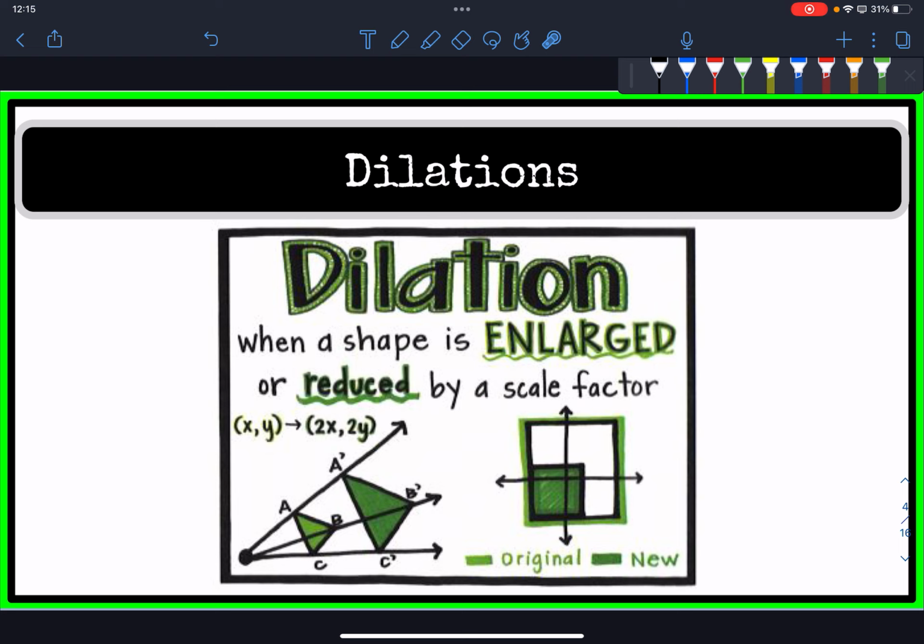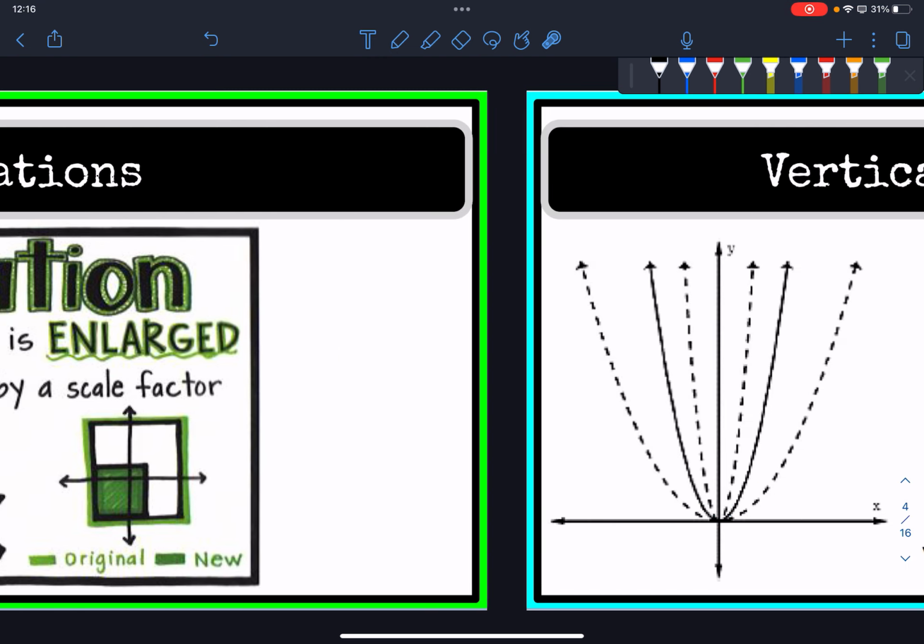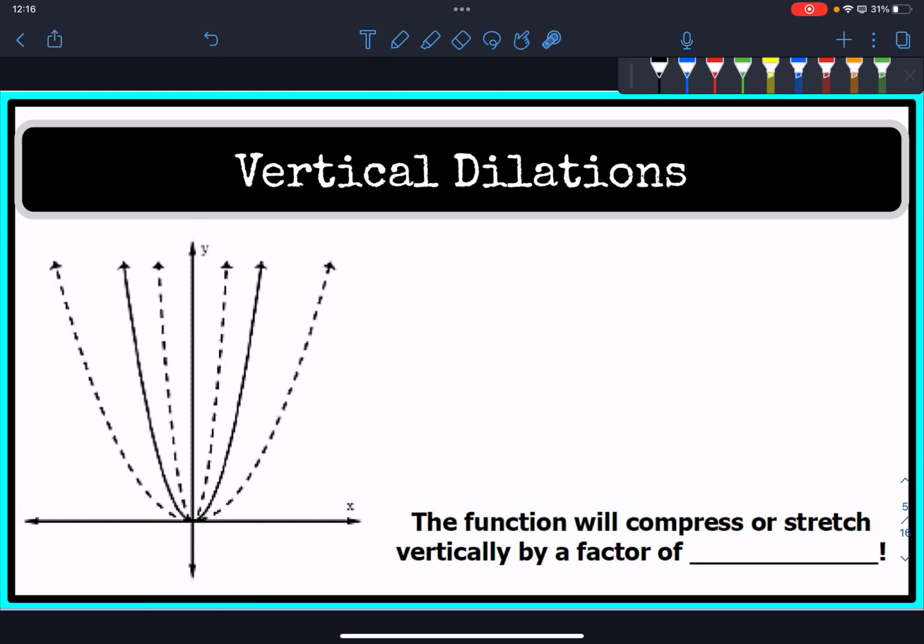Now, of course, there's two ways of enlarging and reducing an object. We can do it vertically and, of course, horizontally. Now, with a vertical transformation, specifically vertical dilation, we have again our parent function of f of x, and to compress it vertically, which makes it look wider, this right here would be a compression.